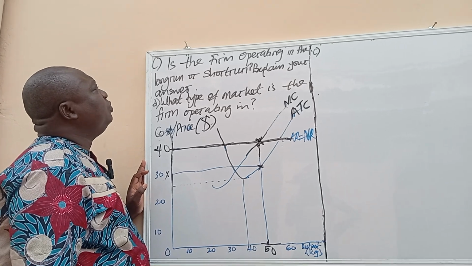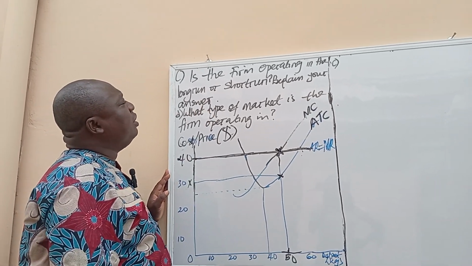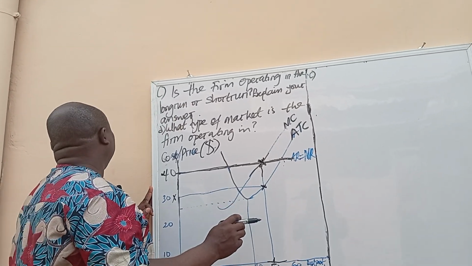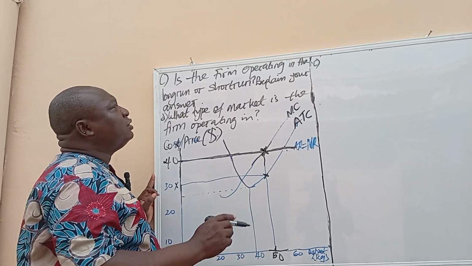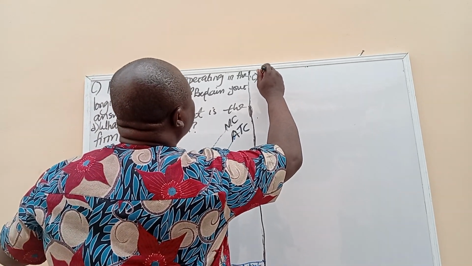The next question, which is C, is this. Is the firm operating in the long run or short run? Explain your answer. The firm is operating in the short run.